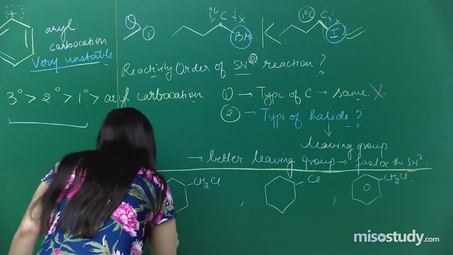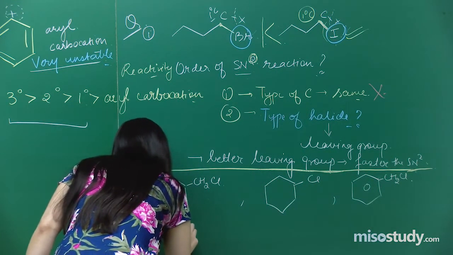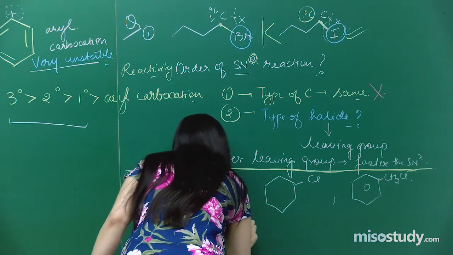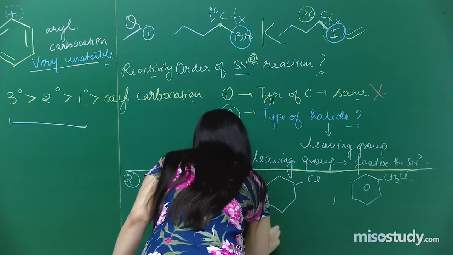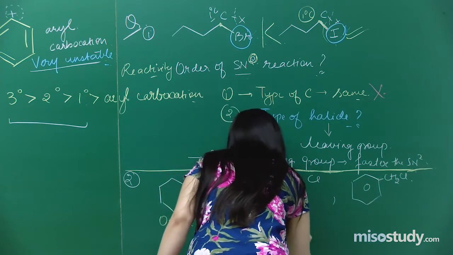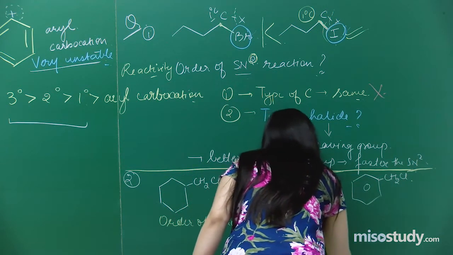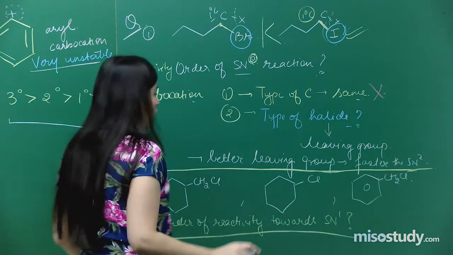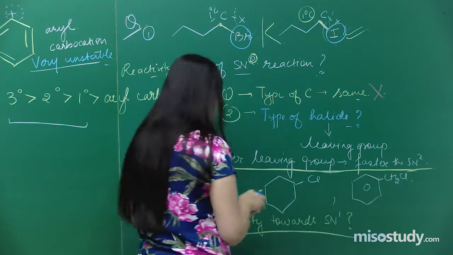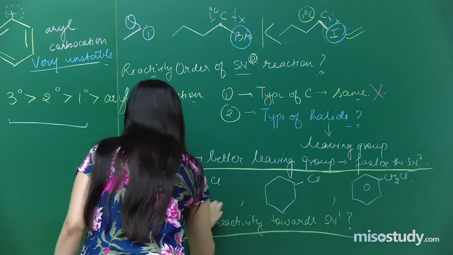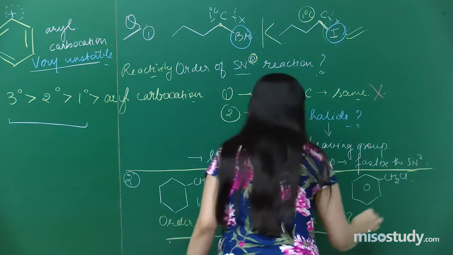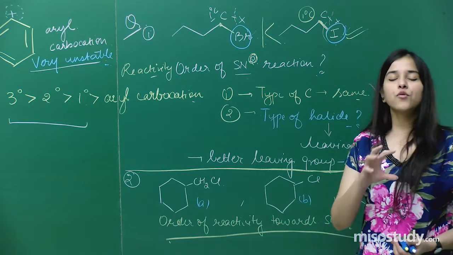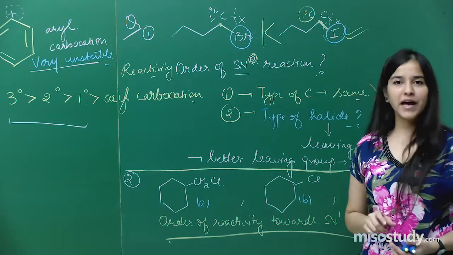So this is the order of reactivity towards SN1, right? What will be the order? 1, 2, 3. I'll be naming them A, B and C. First and foremost, what do you need to look at?